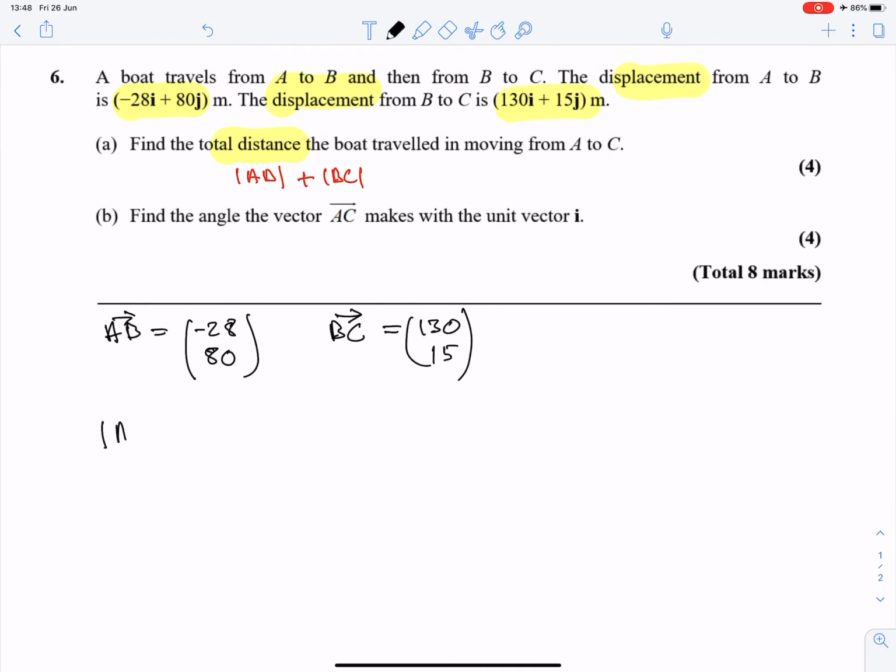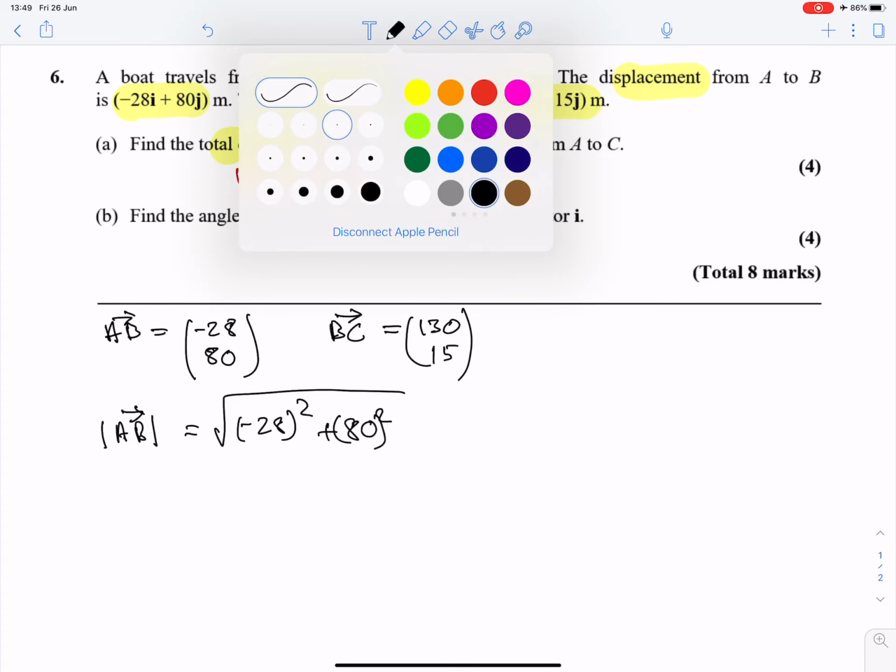So the magnitude of the vector AB is equal to negative 28 squared plus 80 squared, square rooted using Pythagoras, assuming i and j are unit vectors.